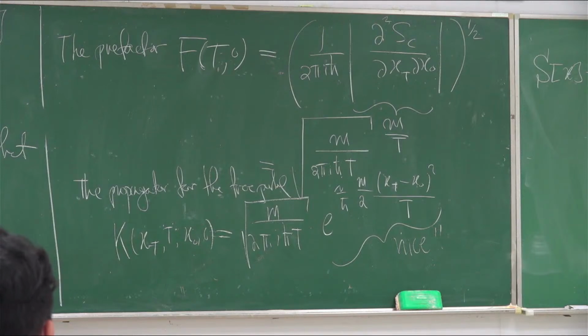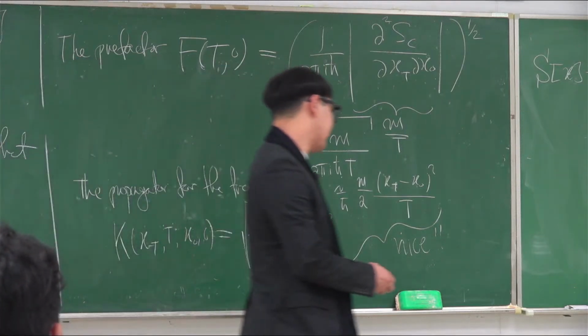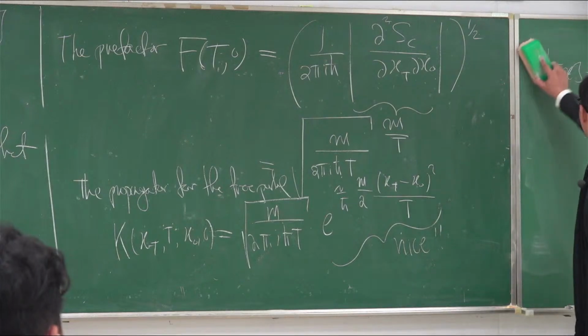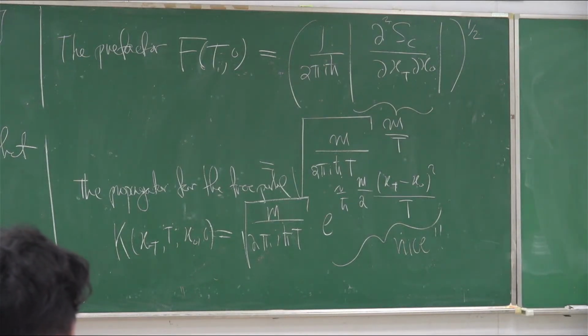What is it telling us? How can we use it to find position and momentum in quantum mechanics? Okay, let me answer actually.